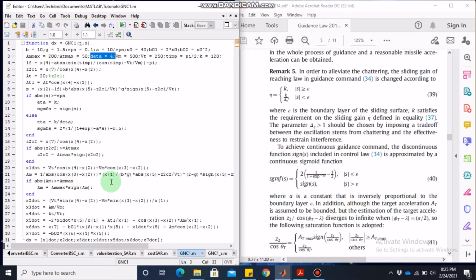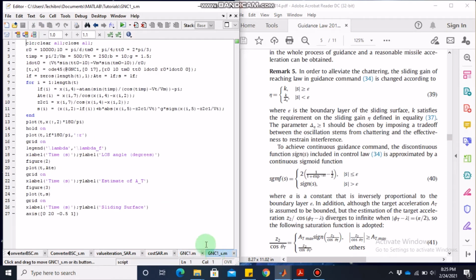And once you do that, then you can basically go and call this function using the ODE45 function. All the initial conditions are also given in the paper, so I've just copied them. So this r naught is given in the paper, lambda naught is given in the paper, all these things are given in the paper. But the initial condition for lambda dot, you have to calculate using the equation of lambda dot and all the initial conditions.